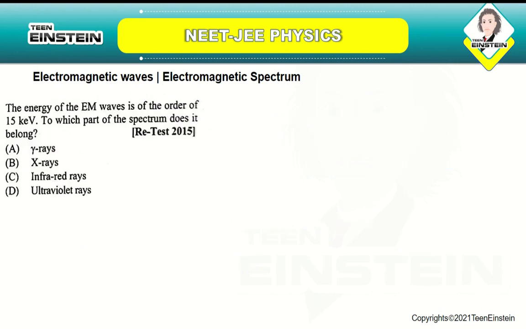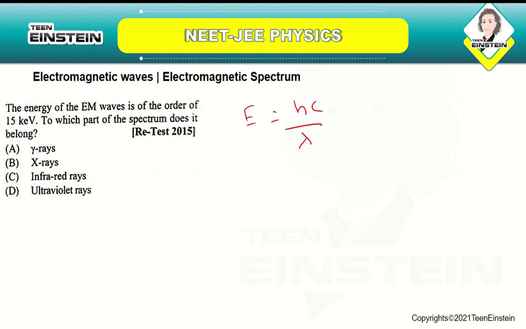Okay. Let us now move on to the next question. The energy of electromagnetic waves is of the order of 15 kilo electron volt. Okay. And to which part of the spectrum does it belong? Okay. So, as I was saying you will be having E is equal to hc by lambda.